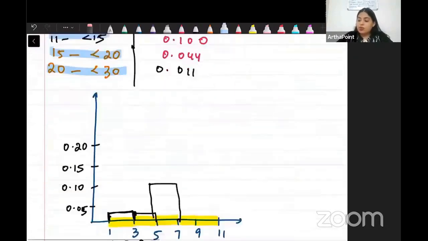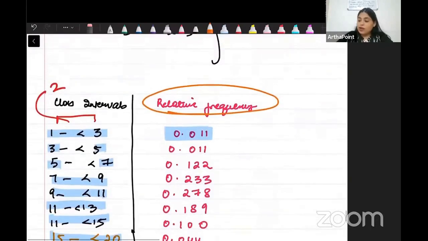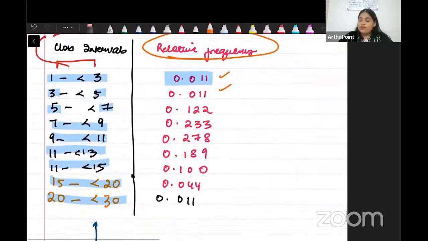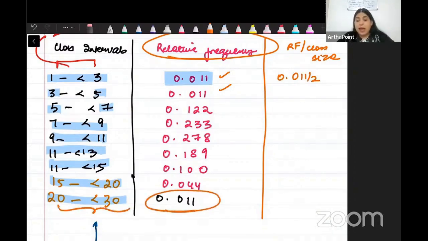Till now we were plotting this frequency, right? This was 0.011, this was 0.011, these were the values we were plotting. But now what I will plot involves one additional step: relative frequency divided by class size. The class size of this one is 2, so 0.011 divided by 2. But the class size of this one is 10, the gap is 10, so it will be 0.011 divided by 10. It is spread across 10 data points, and this is just spread across 2 data points. So we have to take this into consideration also.